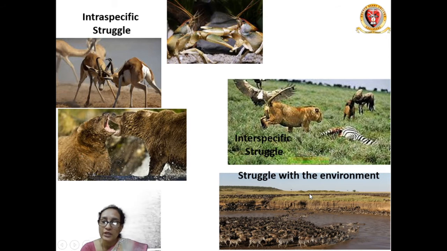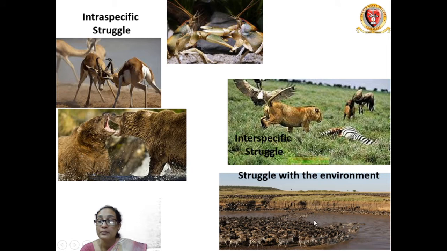When you look at struggle with the environment, here you can see there are a lot of animals trying to cross the river, trying to find better pasture. This happens in the Serengeti when you have the dry season. These animals, the wildebeests and the zebras, they try to cross the rivers and go to better feeding locations.